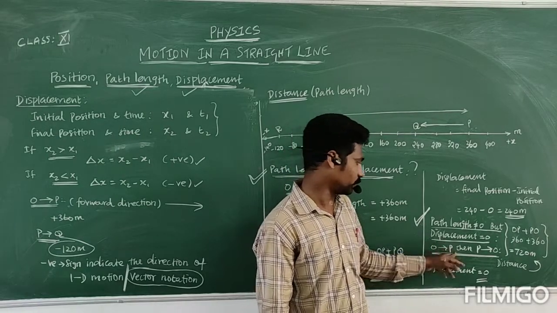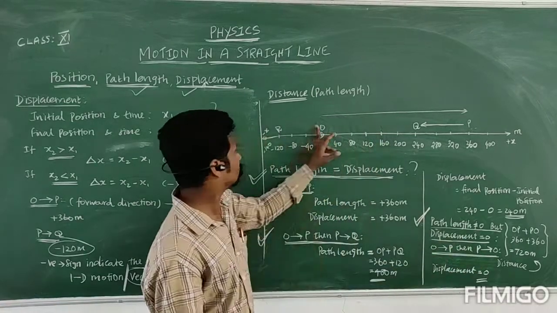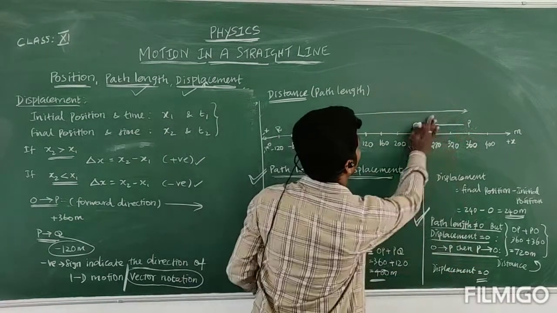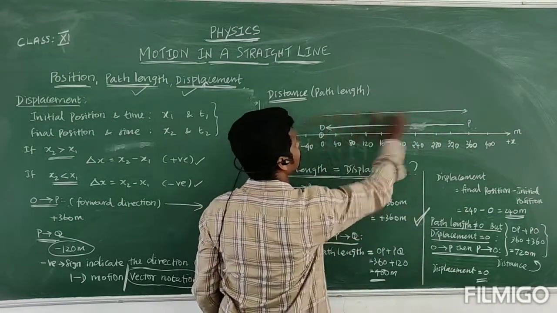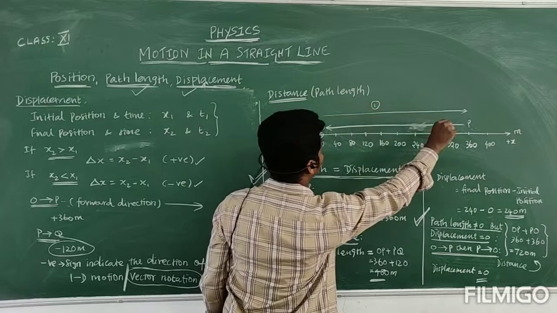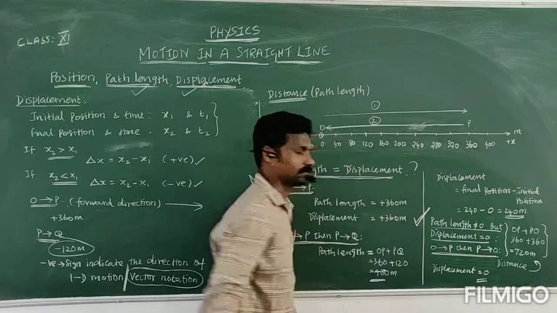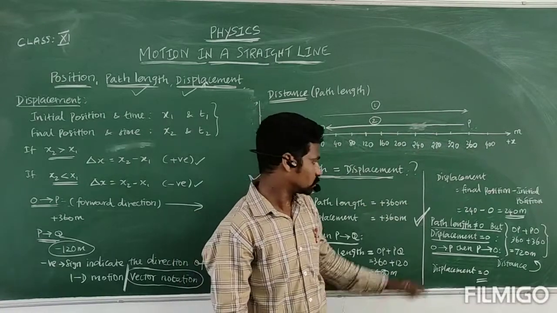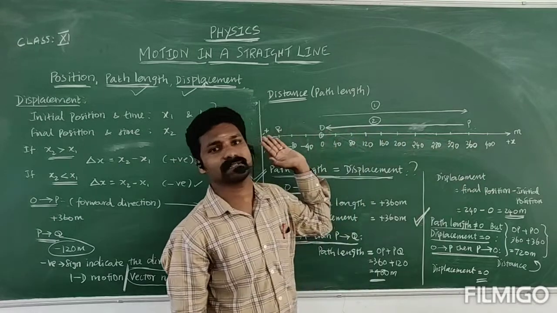The object moves from O to P and returns back from P to O. First it moved O to P, and second it returned back P to O. So 360 covered, again 360 covered on the way back.